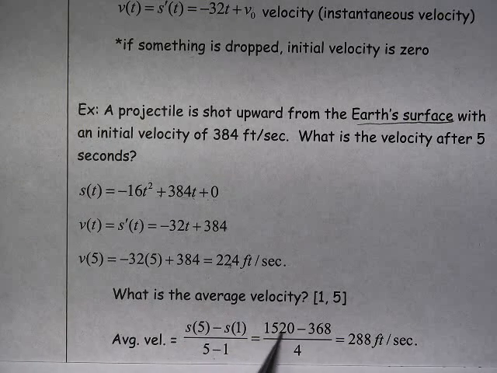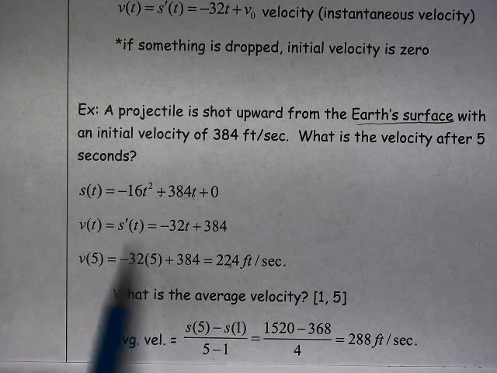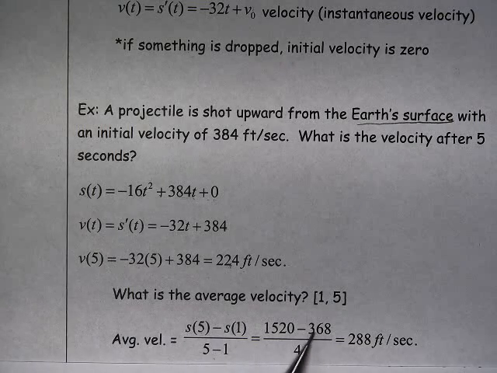When we do that, we get 1520. The position at time 1, substitute that into the position function, we get 368. And of course the time is 5 minus 1, so the amount of time that's elapsed here is 4 seconds. When we do this subtraction and then the division, we get the average velocity is 288 feet per second between t equals 1 and t equals 5.